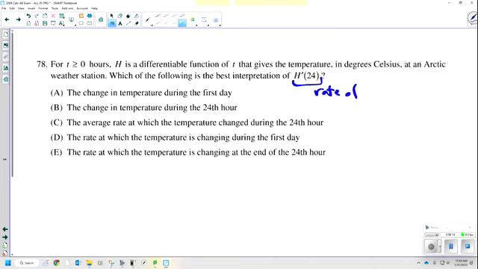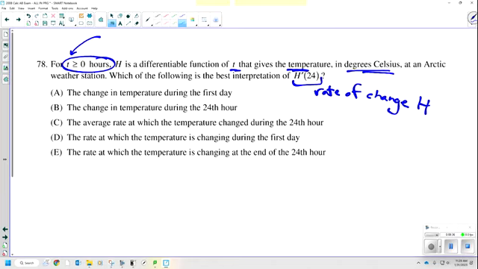Meaning, when I take a look at this, that's the rate of change of h. And what is h? That's degrees Celsius. So it's a change in rate, and t represents some temperature. I'm sorry, t is hours. I saw t for temperature here, but really t is hours.